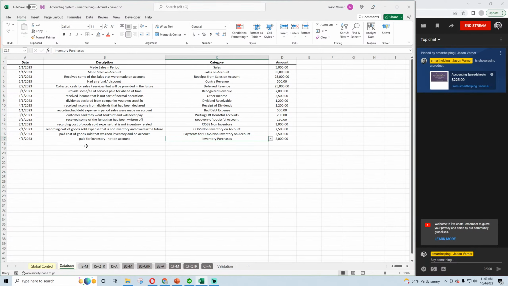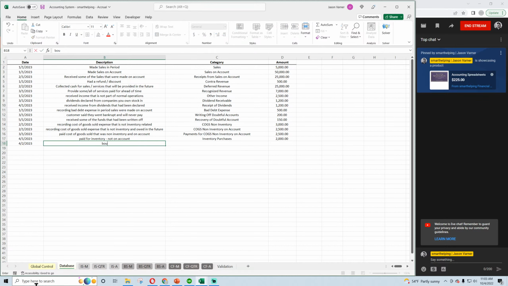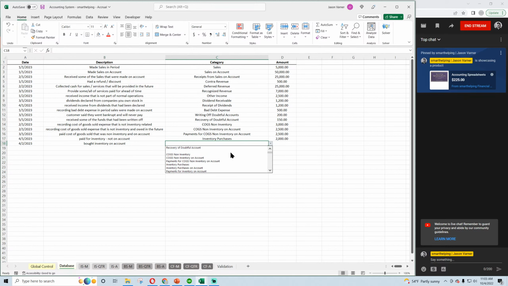So for accrual, we could say in April we also bought inventory on account. So maybe you paid for some up front, which could be this, and then you paid for some on account, which could be this.